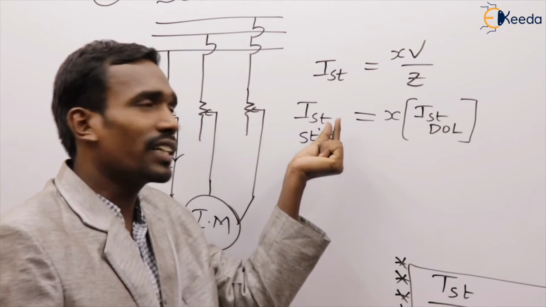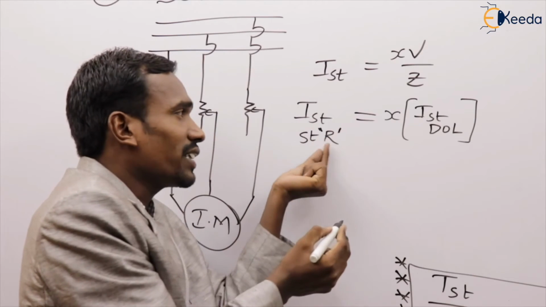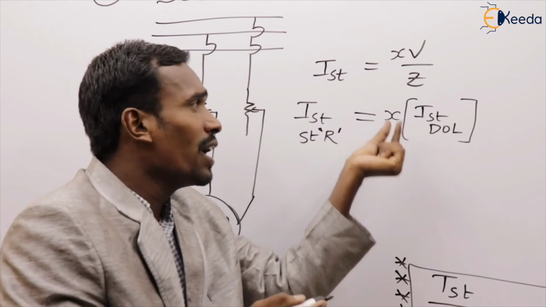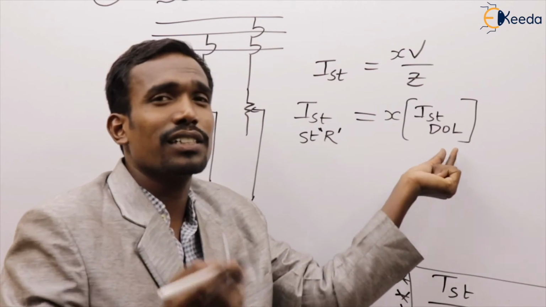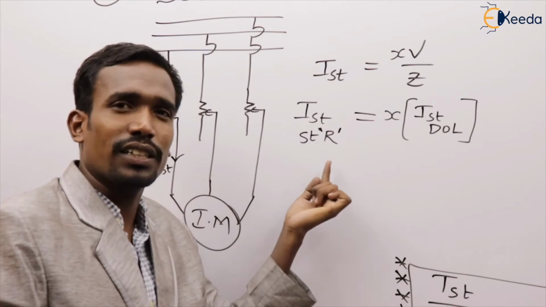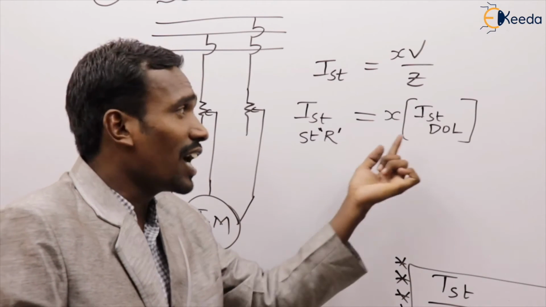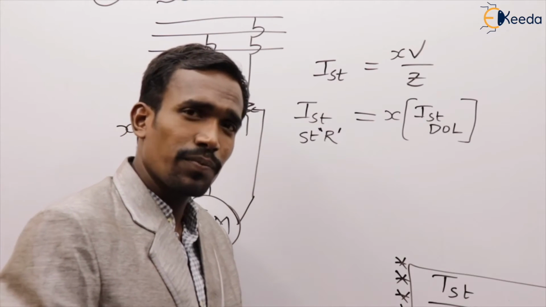So the starting current in stator resistance control is equal to X times of the starting current in DOL starting method. Based on the percentage, we can reduce the starting current. Starting current reduces, and also we have a formula.